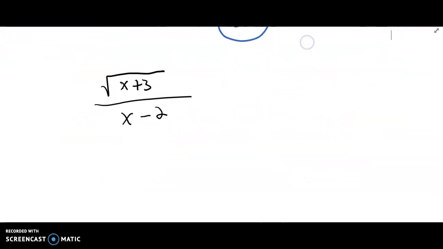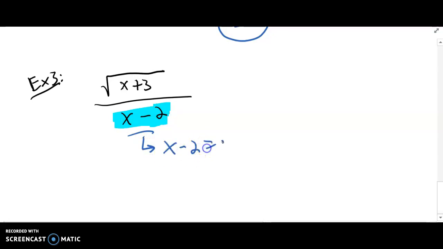Okay, one last example. This is the third possibility when you have a denominator and a square root. Let's do the denominator first. It does not matter what you do first. We know this cannot be 0.